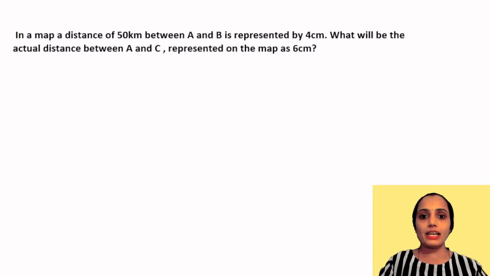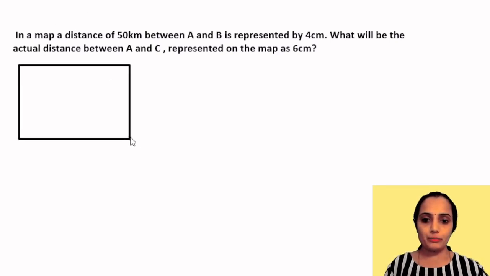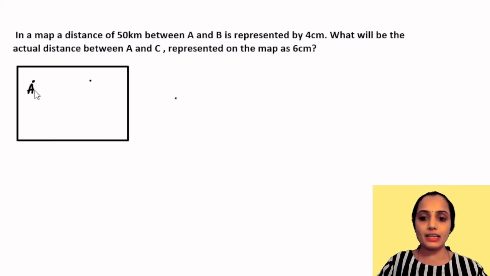Now let's look at one example question with this scenario. We have on a map a distance of 50 kilometers represented by 4 centimeters. Let's draw a map, and on that we have 2 points represented, A and B, and another point, let's say C. The distance between A and B is 4 centimeters and the distance between A and C is 6 centimeters.